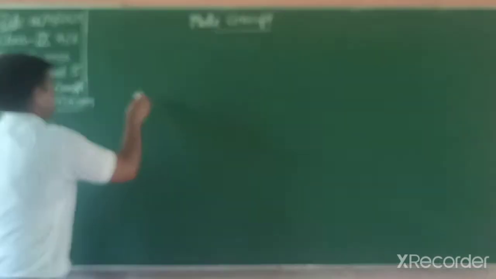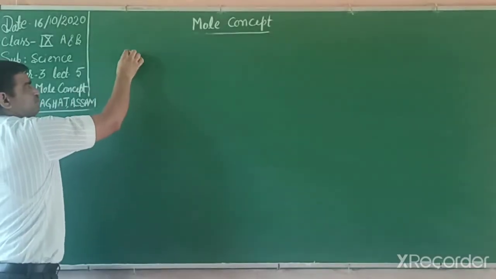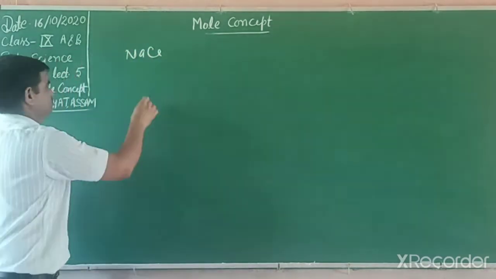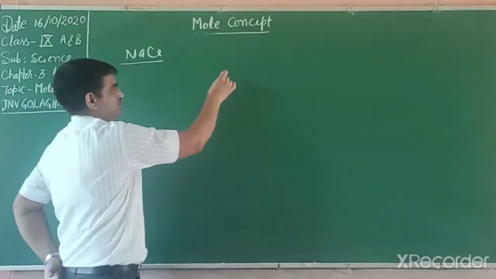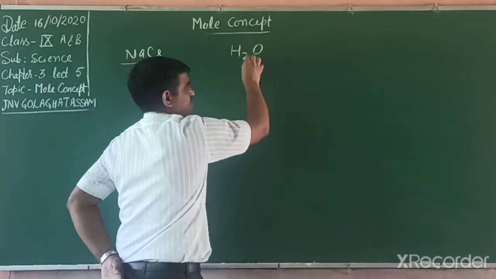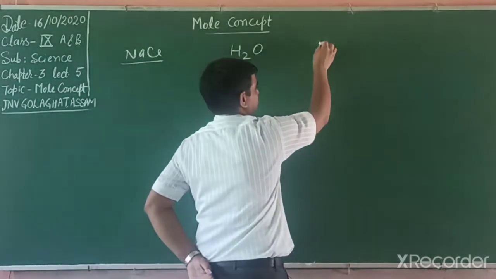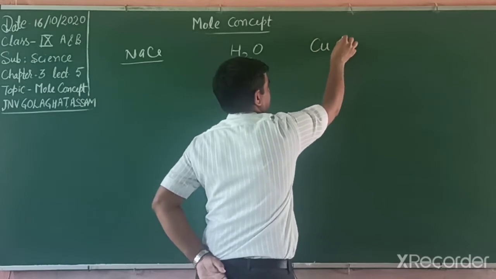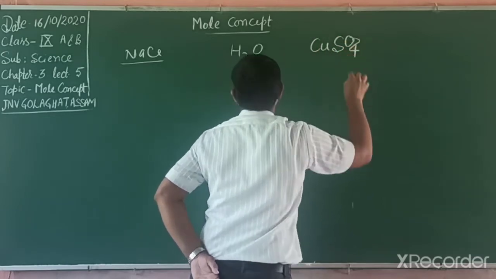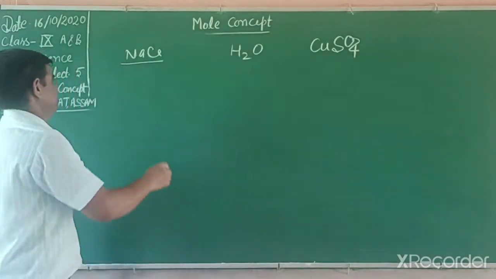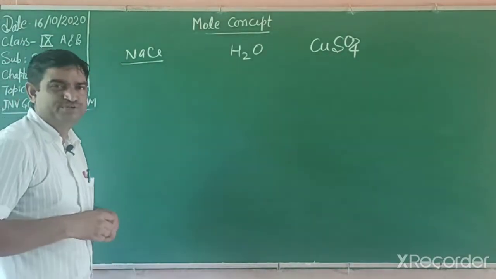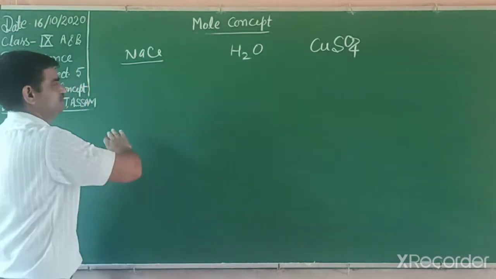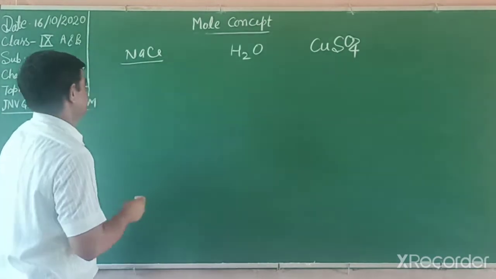If we want to compare sodium chloride, water and copper sulfate, at first you find the molecular mass, then we convert into molar mass, and we want to correlate between these three different substances.